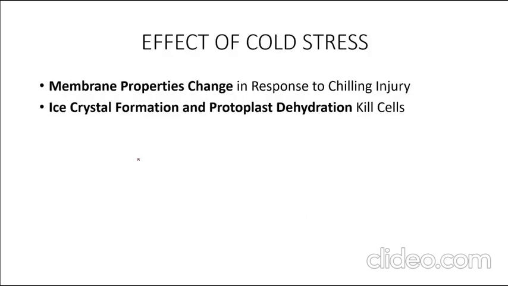So at first, when there is a chilling or freezing injury, what happens? The membrane properties change. And when there is freezing injury, ice crystals are formed and the protoplast is dehydrated. Okay, so this ice crystal formation is mainly during the freezing injury.